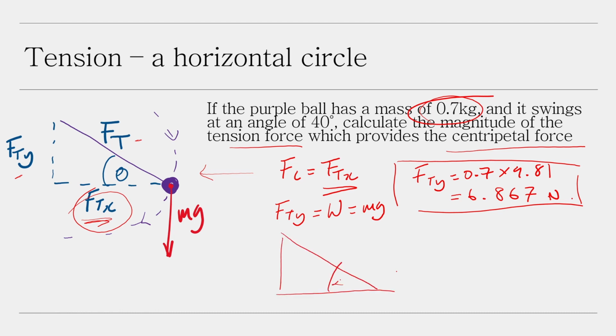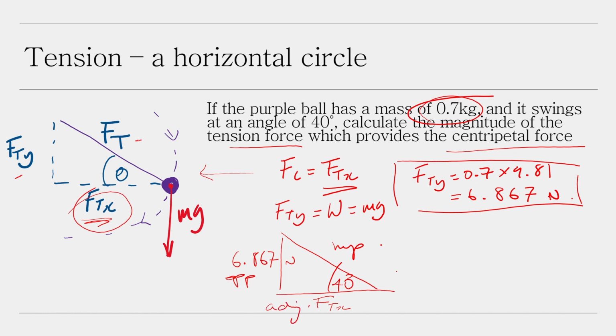If we know that the angle to the horizontal is 40 degrees, and we know that the magnitude of the vertical component of the tension force is 6.867 newtons, and we want to find FTX, then we can say that this is our opposite, this is our hypotenuse, and this is our adjacent.